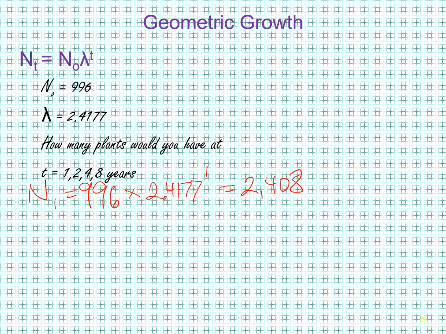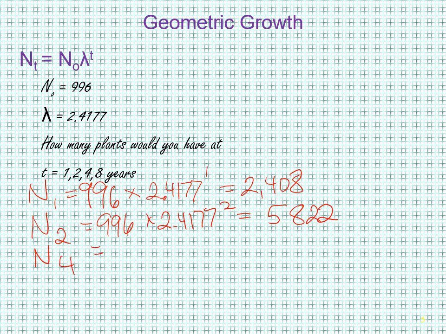So we go from a population of 996 to 2,408. Well, what about in 2 years? So that's going to be times the growth rate squared. So it's the growth rate times the growth rate for each year. Do that in your calculator, work it out, you'll end up with 5,822 plants.